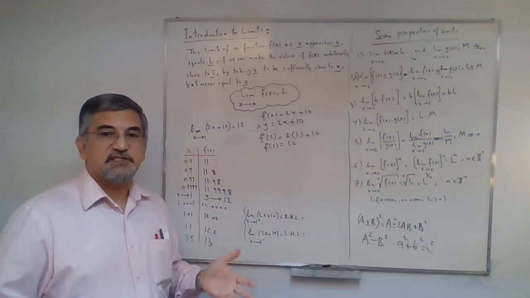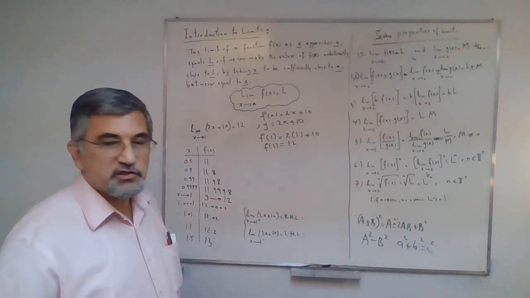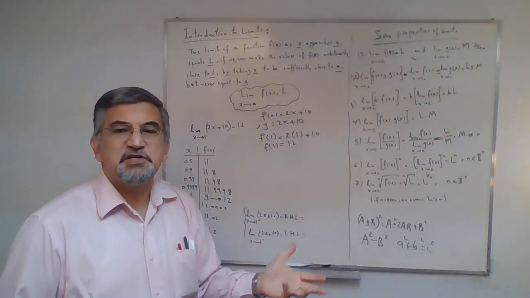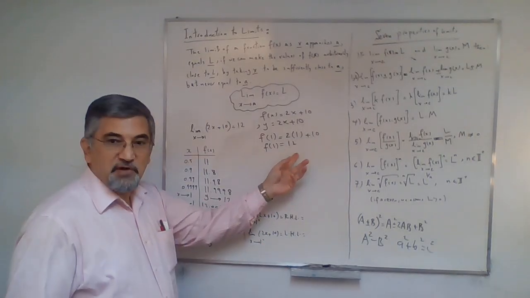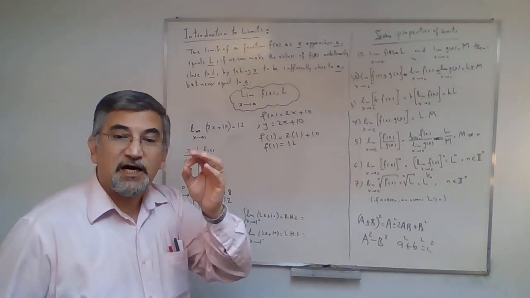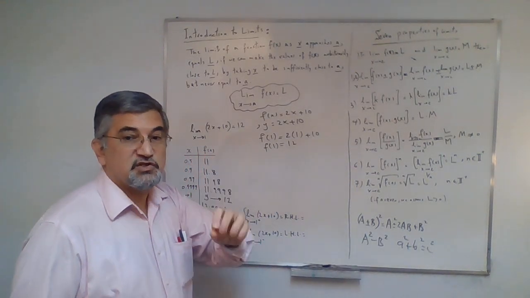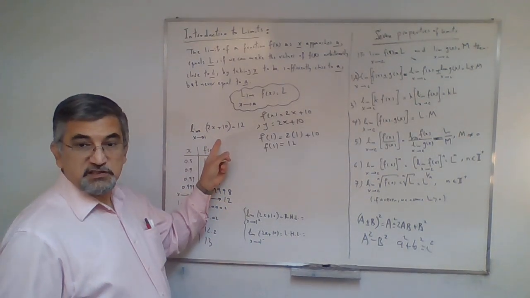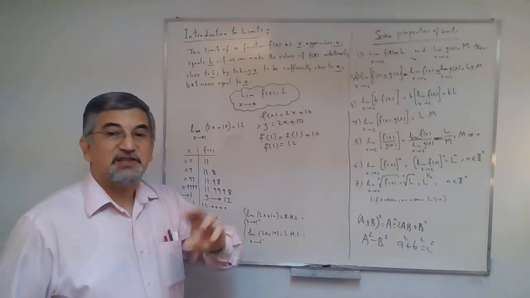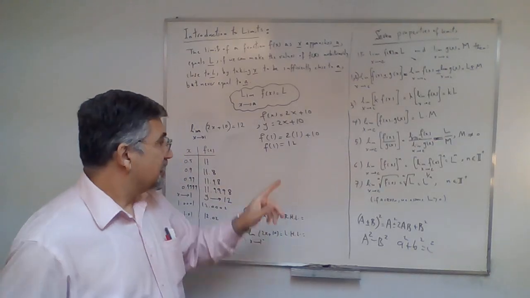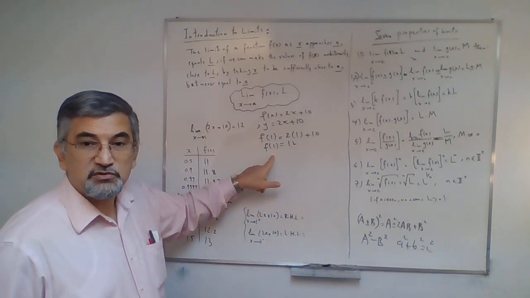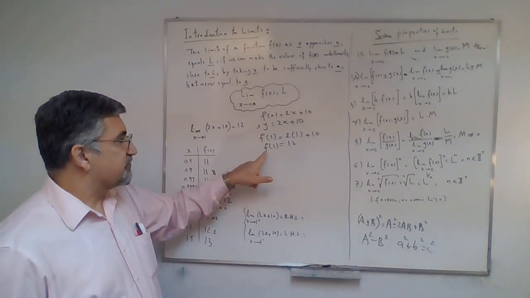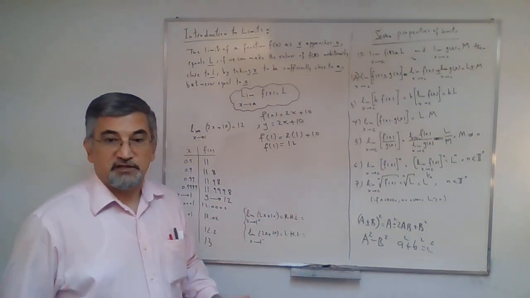But in limit, we're not saying that. I know you're going to say, well, it's the same number. Yeah, it is the same number, but that doesn't mean anything. But the idea, the concept of limit is different here. When we say the limit of 2x plus 10 when x approaches 1 equals 12, that doesn't mean at all that we are talking about evaluating a function at a number. We're not saying that f at 1 is 12. Sure, everybody knows f at 1 is 12.